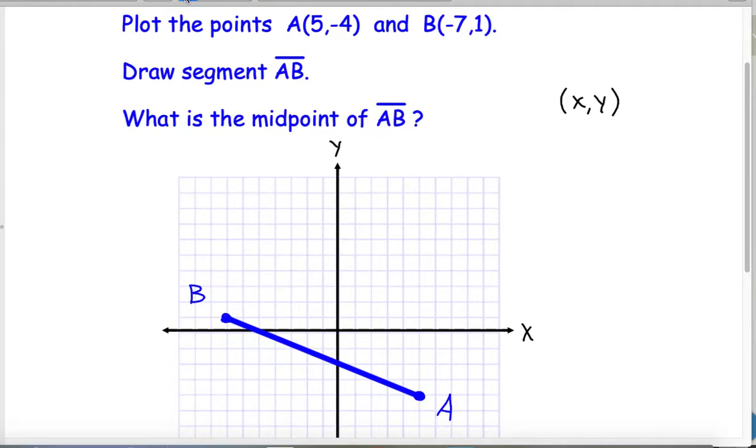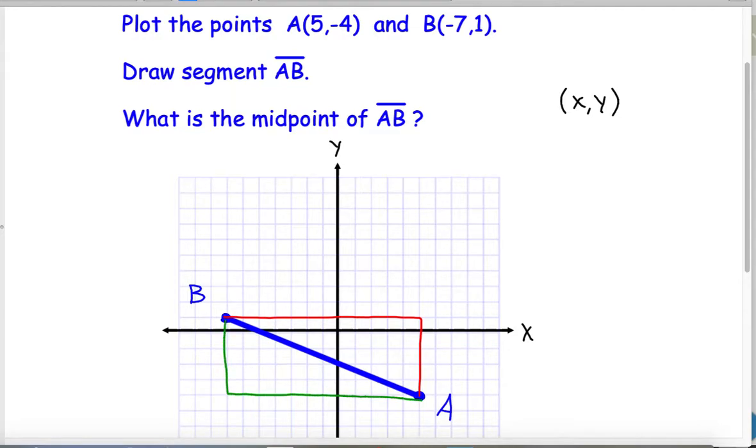Okay, so there's a couple ways to think about this. If I was traveling from A to B and I only traveled on the lines, how would I get there? Well, there's two ways to get there. You could go up and then over to the left, or you could have first gone to the left and then go up.